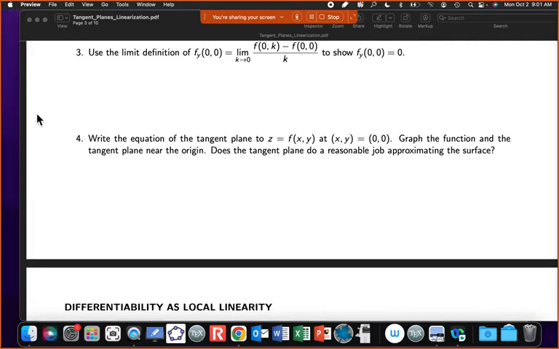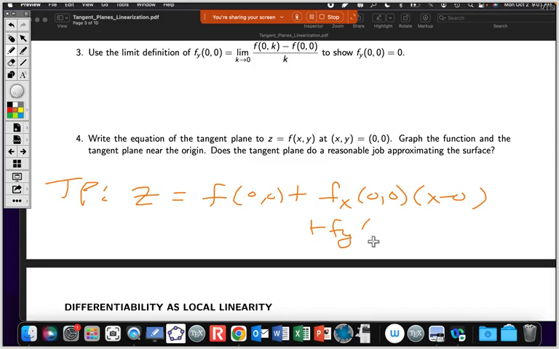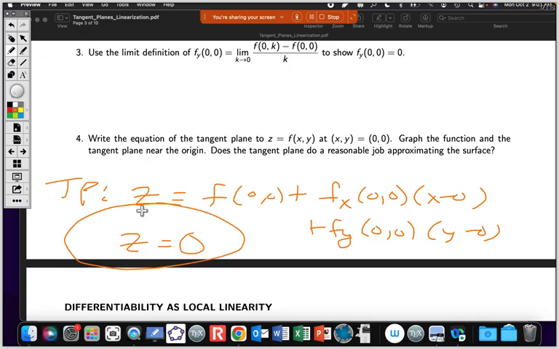So if I'm going to use our tangent plane, z equals f of 0, 0 plus fx at 0, 0 times x minus 0 plus fy at 0, 0 times y minus 0. Well, all this stuff cancels out, and I'm just looking at the xy plane.